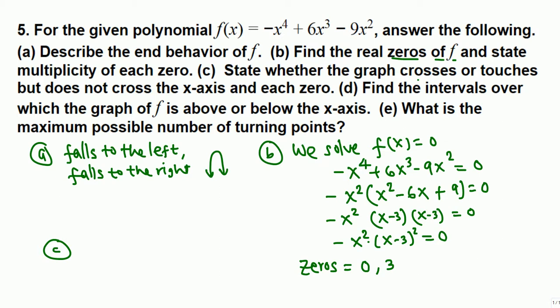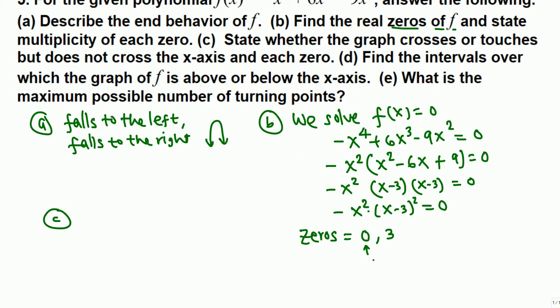Part C, state whether the graph crosses or touches but does not cross the x-axis at each zero. So we have 0 and state the multiplicity. Okay, x squared is a square, so the multiplicity is 2. So we should have made a table. The multiplicity of this root is 2 because x is squared.